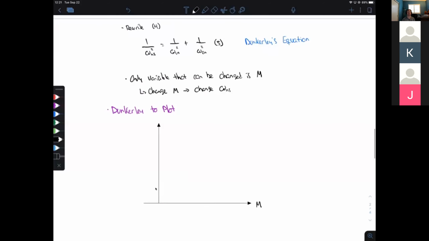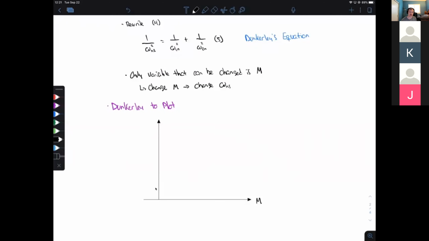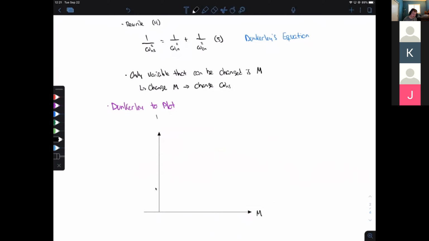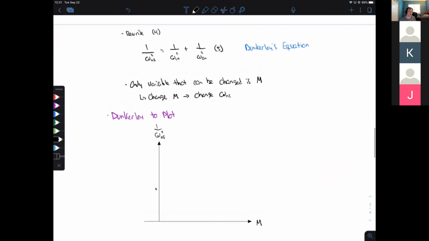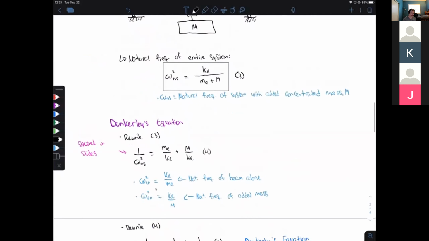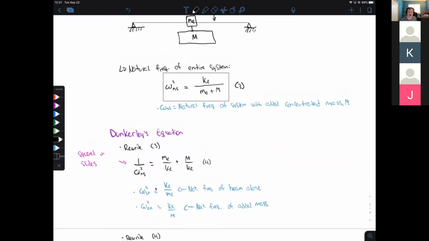Okay, so we have our added mass M on the horizontal, and then on the vertical, we're going to have 1 divided by omega ns squared. And so remember, omega ns squared is the natural frequency of our system with the added mass, capital M. So right there.